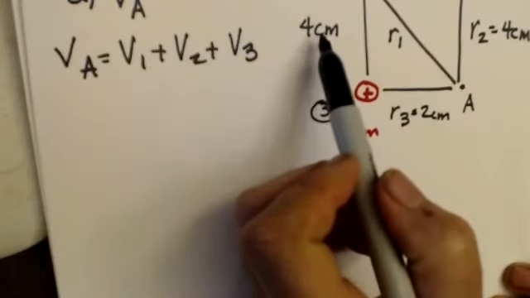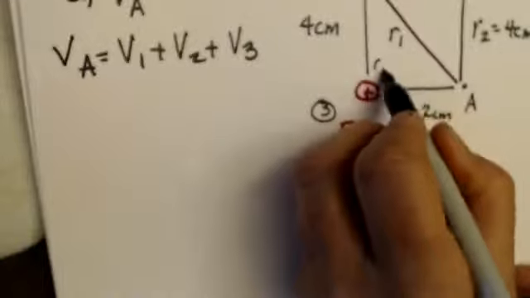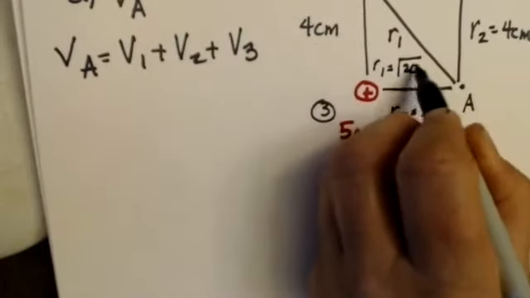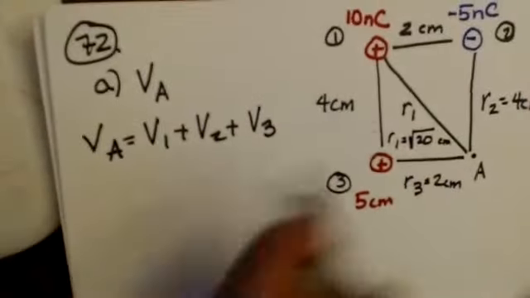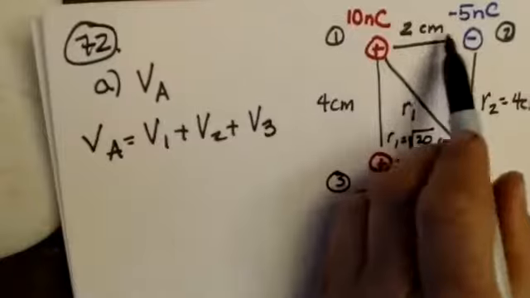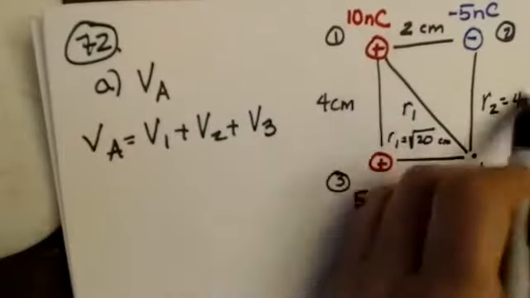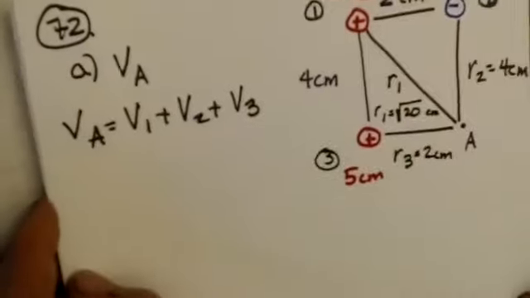That's going to be the square root of 20. So whatever that is, you can figure that out. Okay, because I used the Pythagorean theorem to find R1. 2 squared is 4, and then 4 squared is 16, so that's 20, so it's the square root of 20. You can find that number with your calculator.